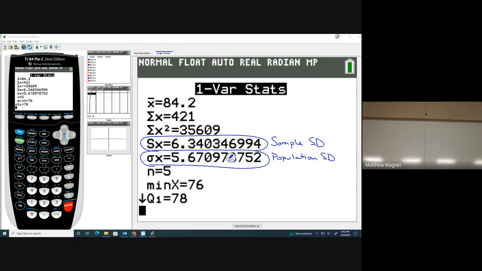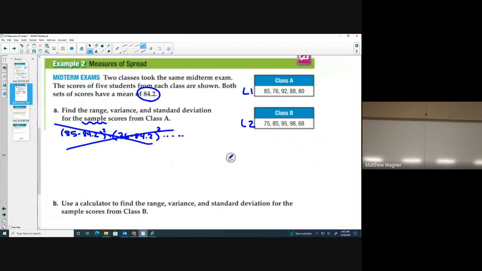You'll notice on the bottom of your screen some other information pertaining to this. We'll get to those in a second, but right now we're just looking for variance and standard deviation. For the purposes of this problem, they're looking for that sample standard deviation, which is about 6.3. To find the variance, we take that value and square it.